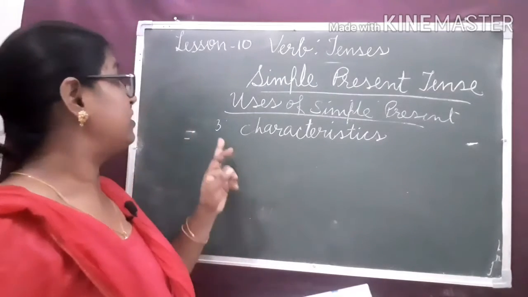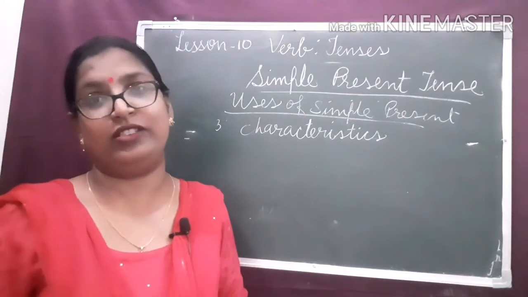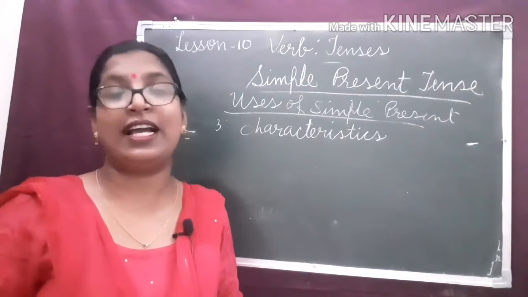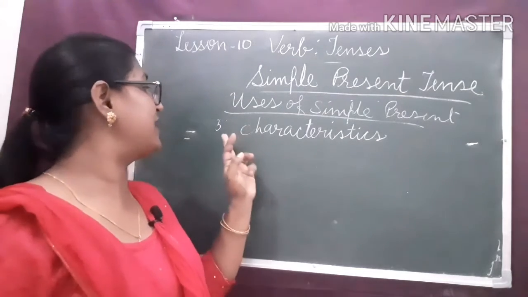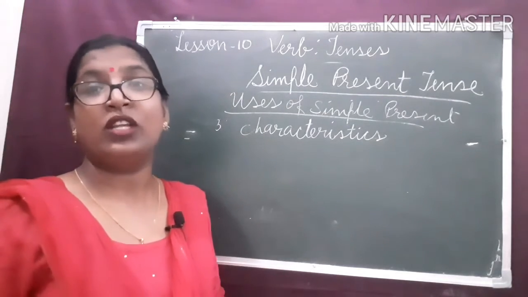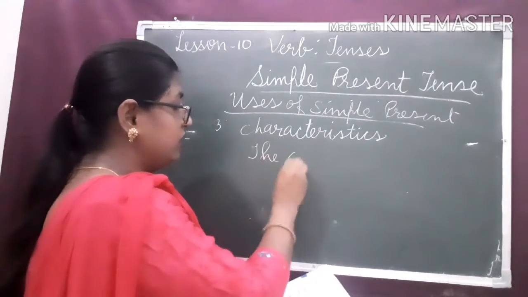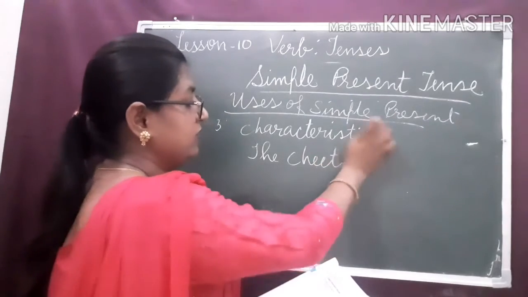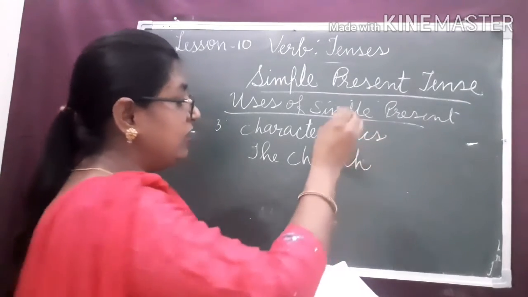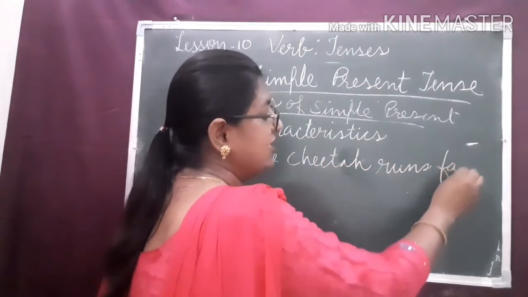Dear children, the third use of simple present tense is to talk about characteristics, the speciality, the quality of something, to express the ability of something. So, let us see the example. The cheetah runs fast.